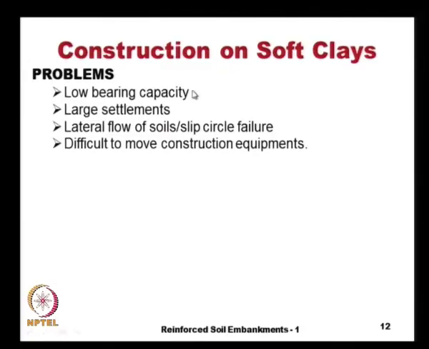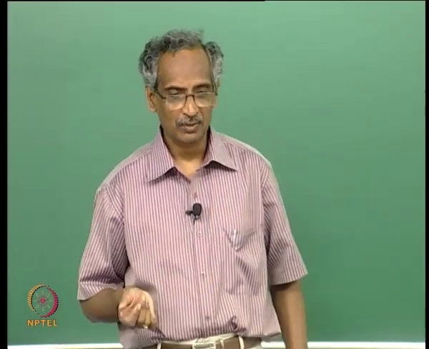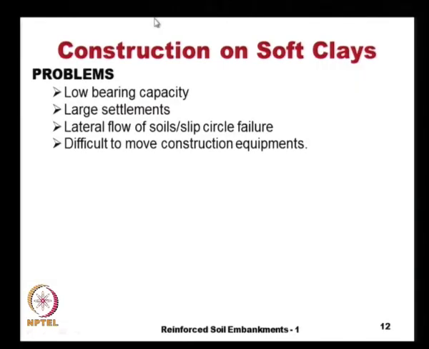What are the problems that we can encounter in the soft clays? They have very low bearing capacity. That means that the height of the embankment or the slope that you can construct is limited, and you should expect very large settlements, both total and differential, and then lateral flow of the soils that leads to the slip circle type failure.